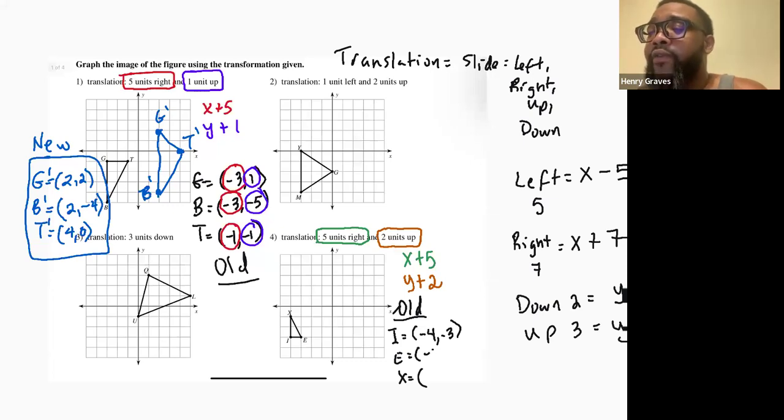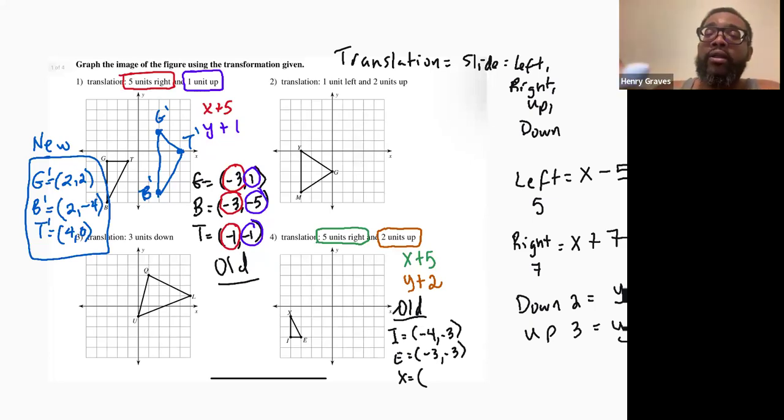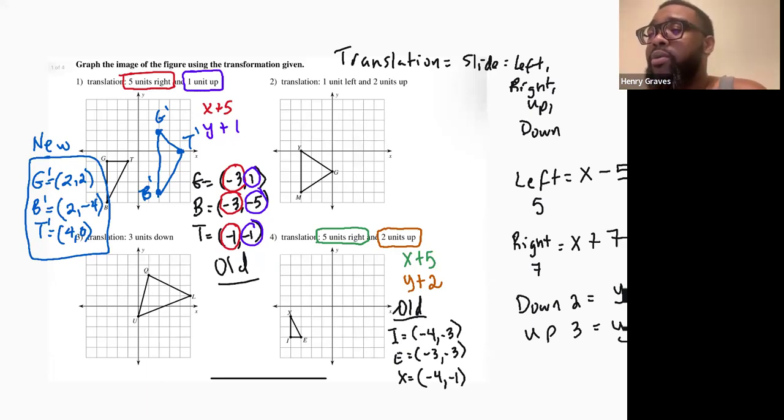X is going to be -4, -1. So let's apply our rule to our transformation. Here are my new points: new I, new E, my new X.